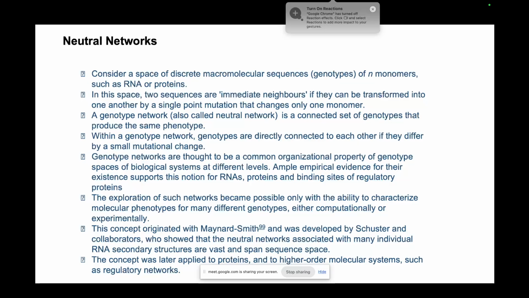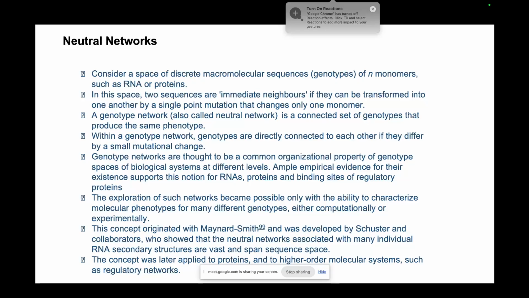The exploration of such networks became possible only with the ability to characterize molecular phenotypes from many different genotypes, either computationally or experimentally, which is the concept of GWAS, or doing sequencing and understanding the mutations that actually contribute to the phenotype. So you need experiments or data like this to create these neutral networks of genotypes, which are distinct genotypes but can form a similar type of phenotype.